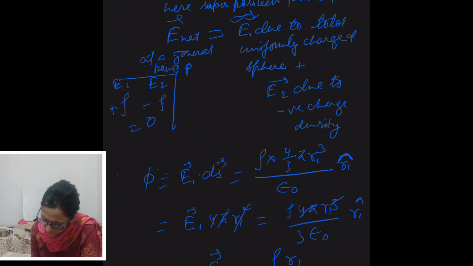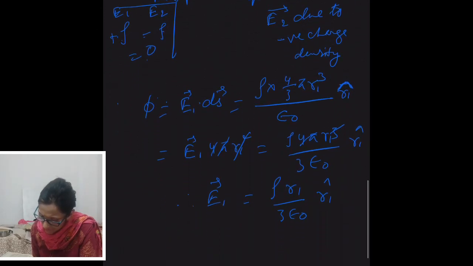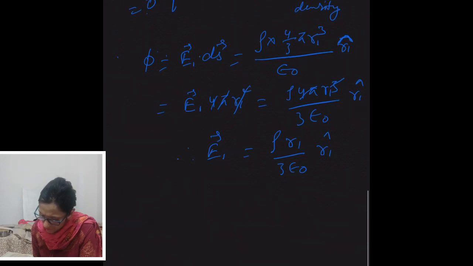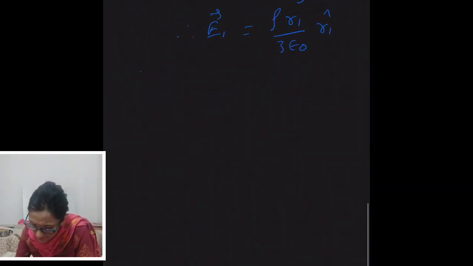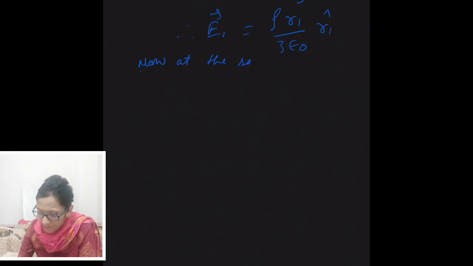The 4 pi cancels, and R1 square cancels, therefore E1 is equal to rho R1 by 3 epsilon naught R1 cap. So we get the electric field at this general point, directed towards the unit vector R1 cap.